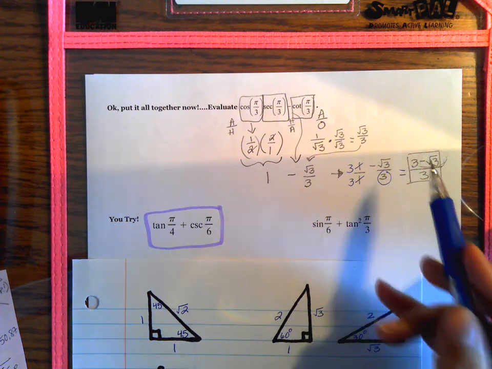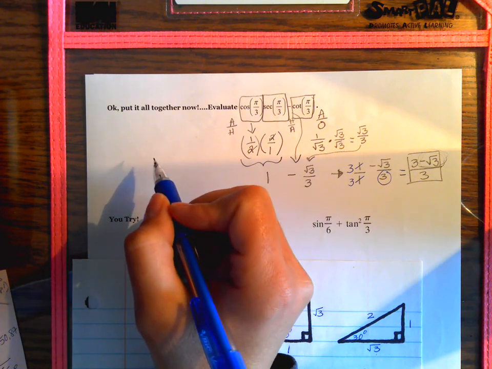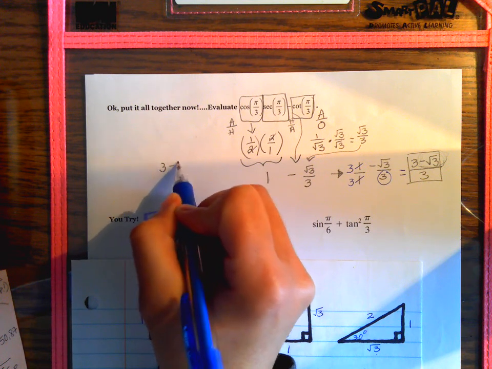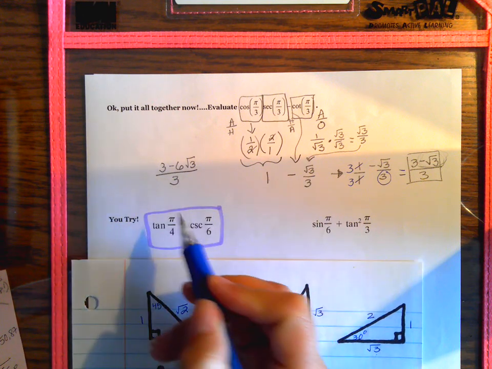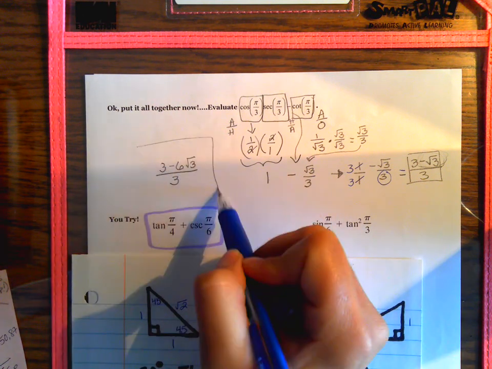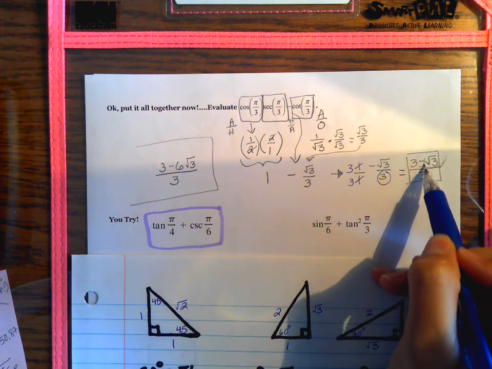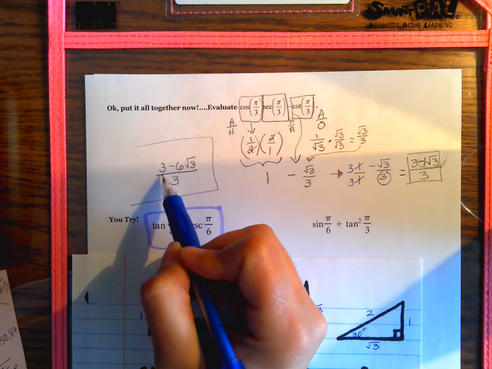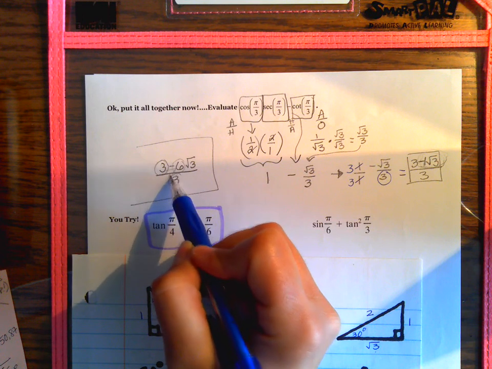Now I will show you an example, just to let you know when you can cancel something. Let's say for example I ended up with this. This is totally separate, just a simplification problem to show you the difference. In front of here is just a 1, so I cannot cancel anything here. But here I have to look in what I call the little triangle, from here to here.